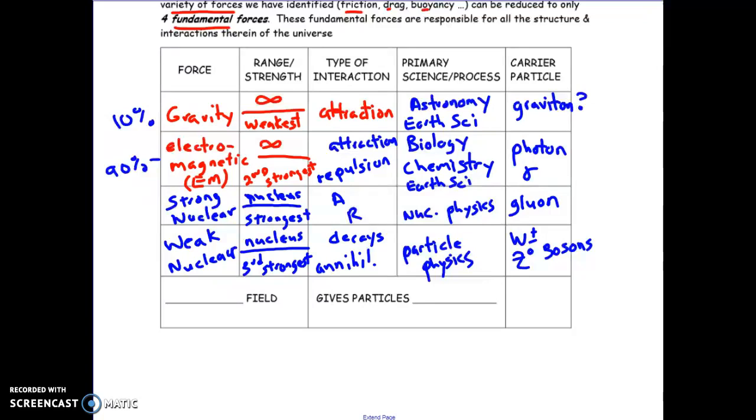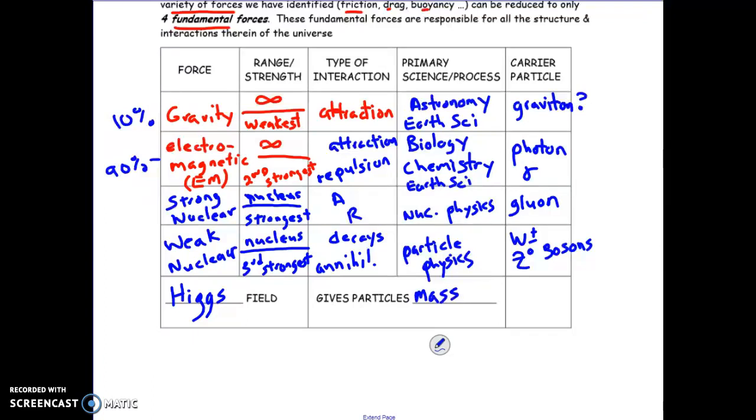I'm sorry, there's a new one here. I added this here. There's another type of force out there that maybe I'll talk more about in class called the Higgs field. Okay, and it was fairly recently discovered and confirmed, even though the idea has been around for a few decades. And what's very special about the Higgs field is it gives particles mass.